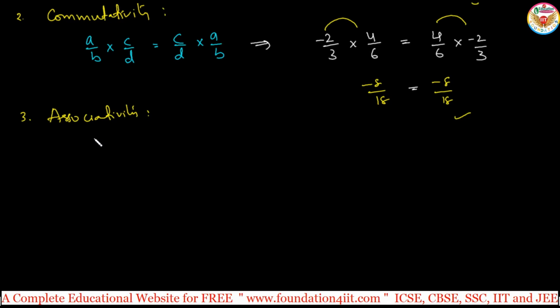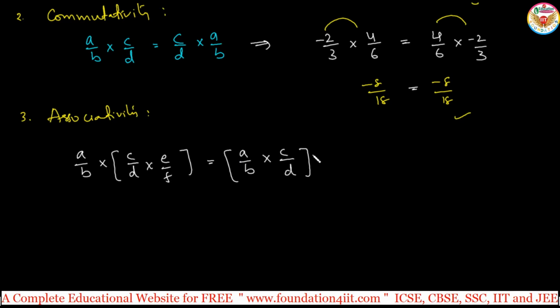And associative: if a by b, c by d, e by f are three rational numbers, then a by b into the product of the next two rational numbers, c by d into e by f, should be equal to the first two rational numbers multiplied, and that answer multiplied with e by f.